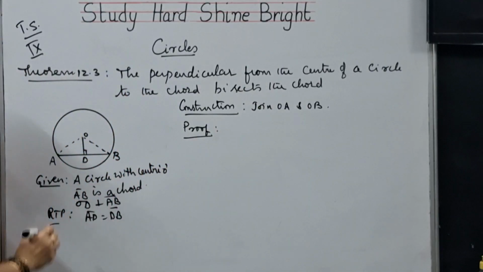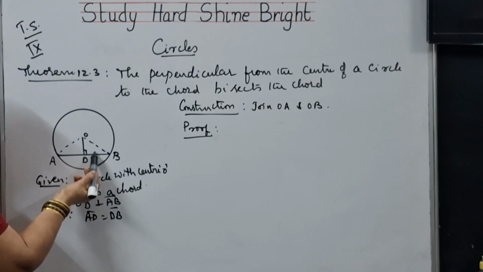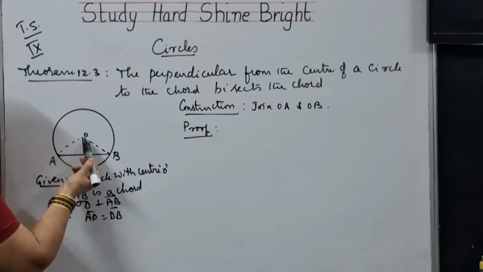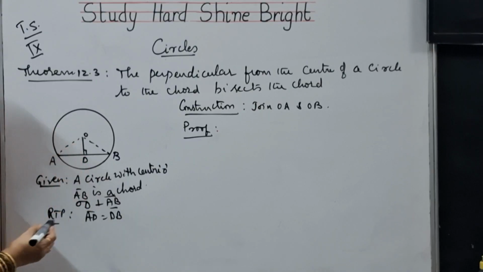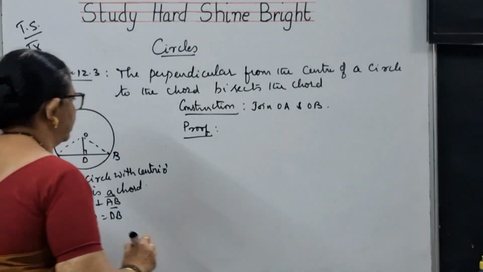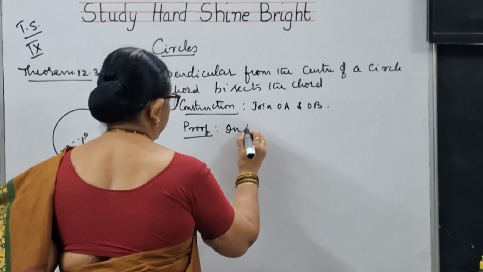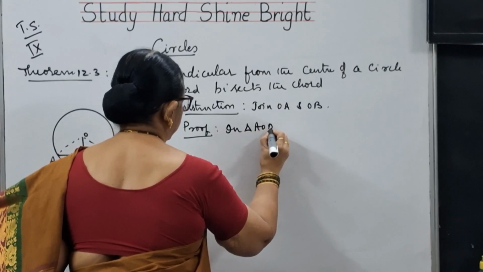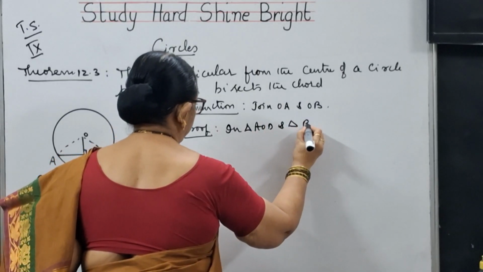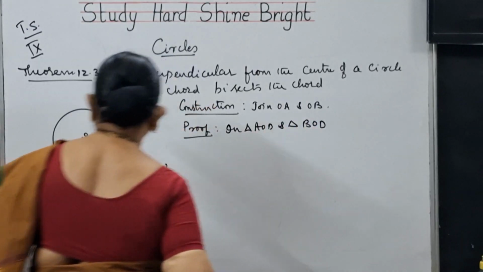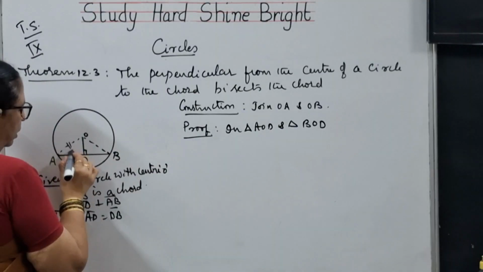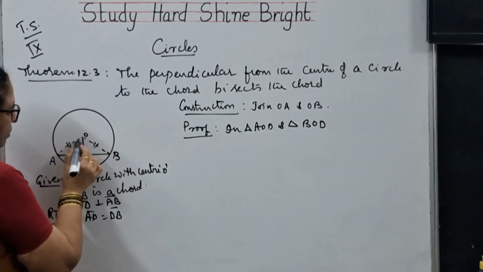Now, here, children, you have got two triangles. One is triangle AOD and another one is triangle BOD. So, let us talk about those two triangles. In triangle AOD and triangle BOD, OA is equal to OB because they are radii.